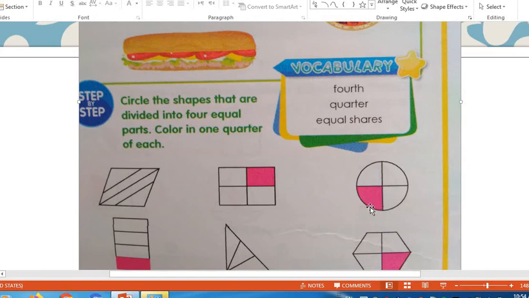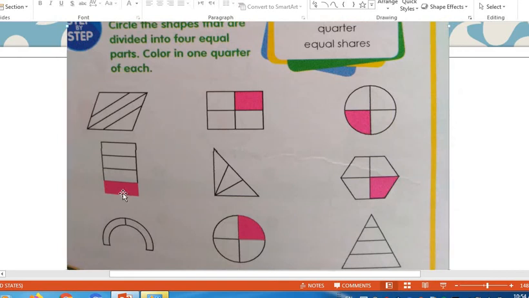Yes, fourth. 1 piece out of 4. And here they are not equal, so I'm not taking this. This is 1/4 or quarter. Yes, a quarter again, and this is no.